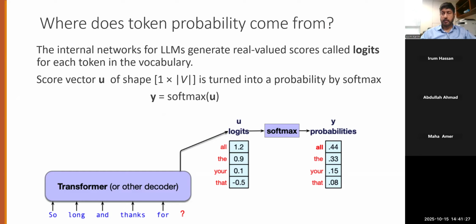But this is the Z value that we talked about earlier, or the U value as given in this slide. So this vector of U is then converted into probability by applying softmax.